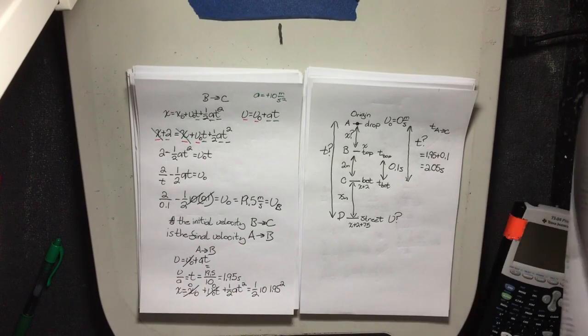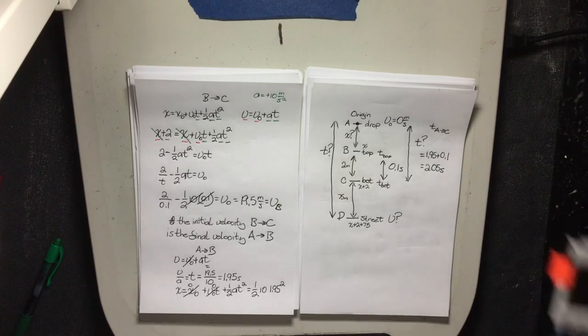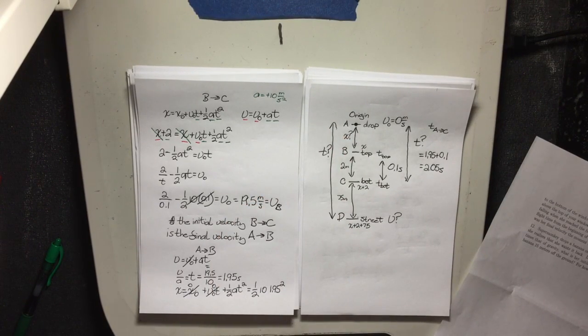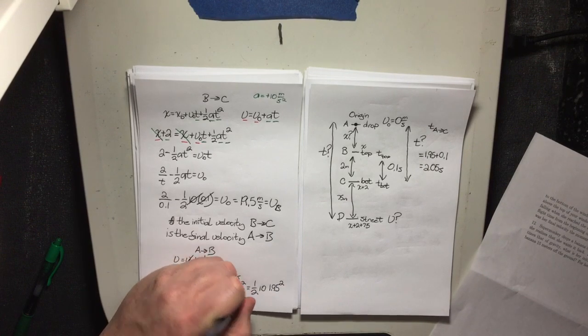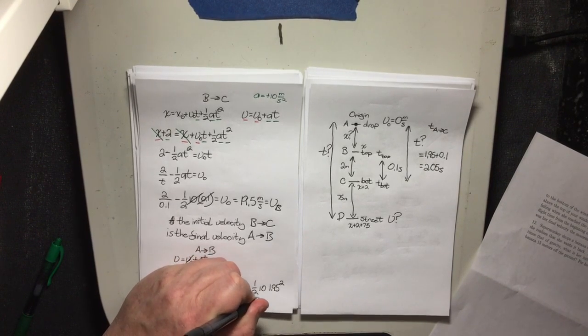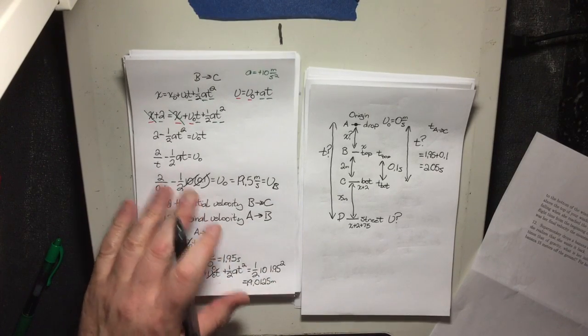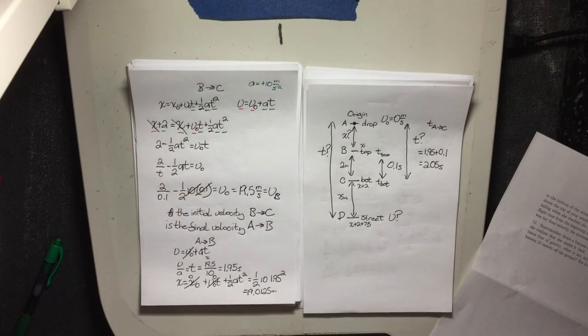So the total distance that she fell from A to B, which is that question right there, is 19.0125 meters. That's the total height or change in altitude from the top of the building to the top of the window.